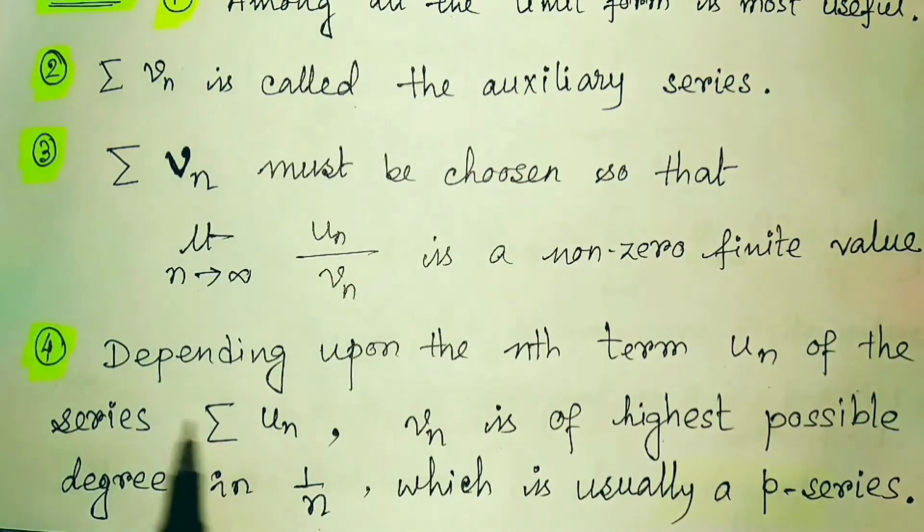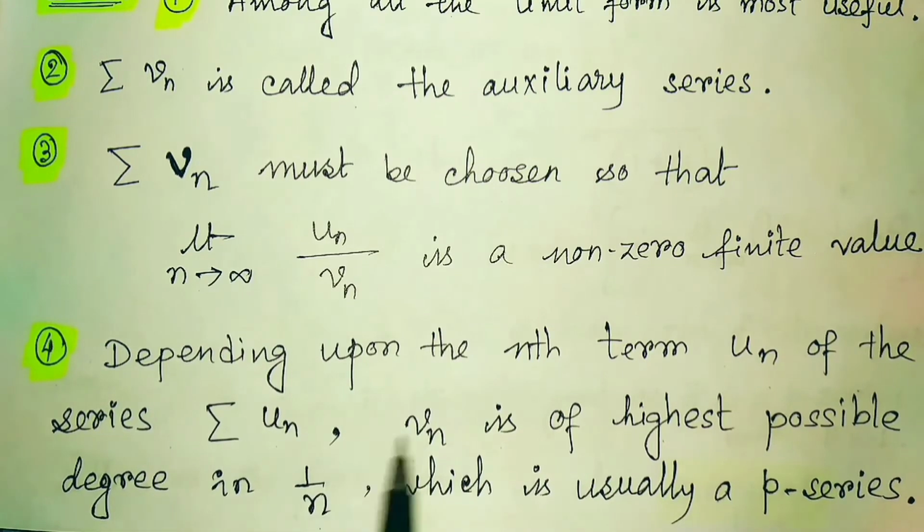So what this last observation says is how Vn should be chosen so that we can compare the given series Un with respect to Vn. How we will choose this Vn, we will discuss when we do some examples. But before that, just remember that the Vn series is in most cases a P series.